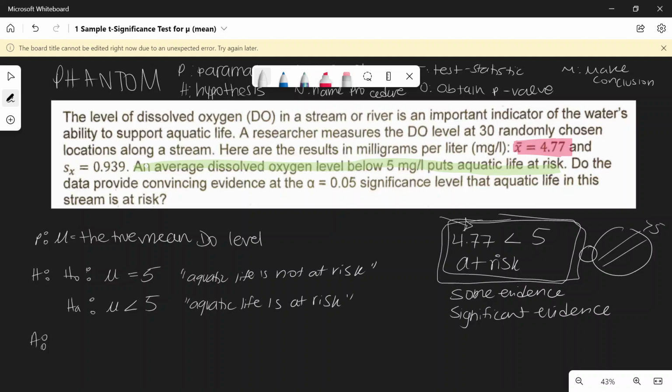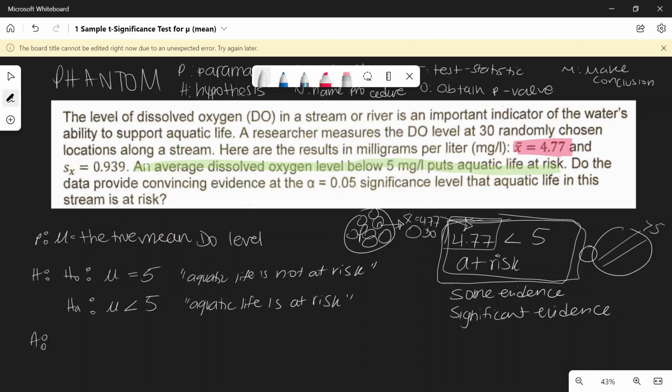And so hopefully that gives you a little bit of context of why we're doing this. This is evidence. It is less than 5, right? But we can't say that because it's only from one sample. I mean, you have a whole stream as your population, right? And you're only taking one sample, and from there you're getting an average of 4.77 of dissolved oxygen. But what about all the other ones?